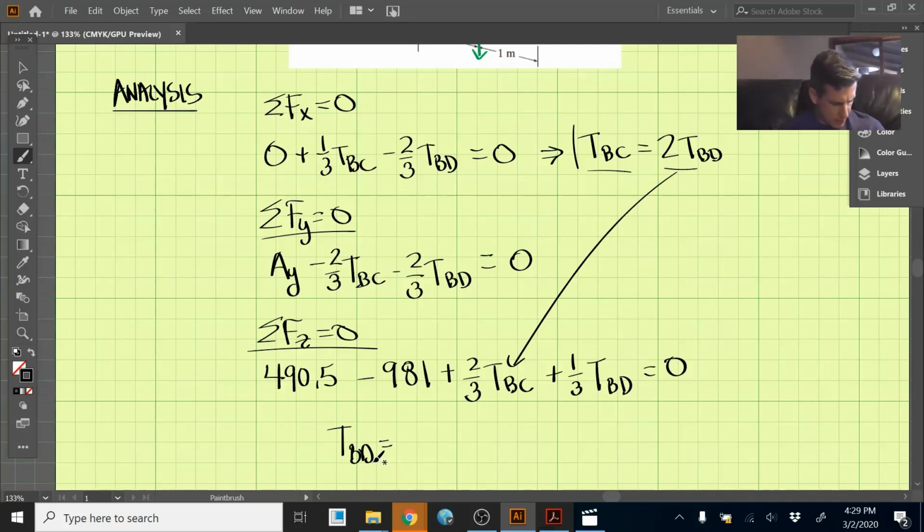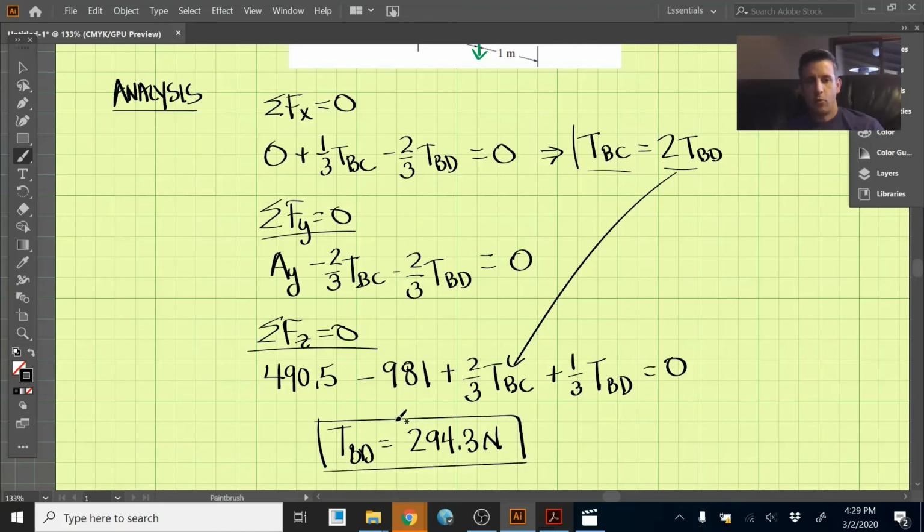And the tension in BD is 294.3 newtons. And that is one of our answers. Then once we have that answer, we can plug it back in up here, and we should find out that TBC is 589 newtons.